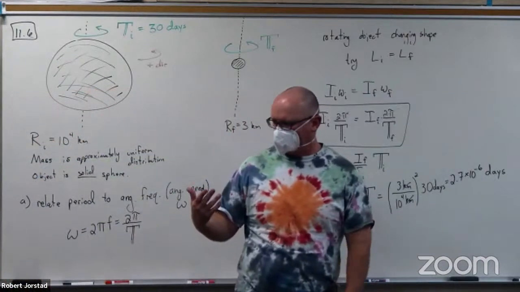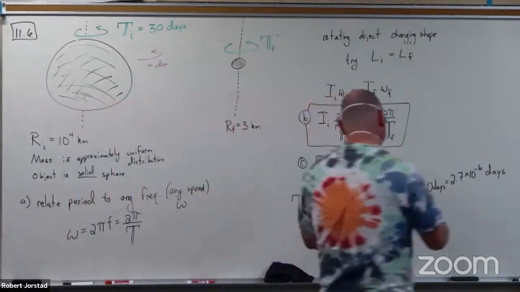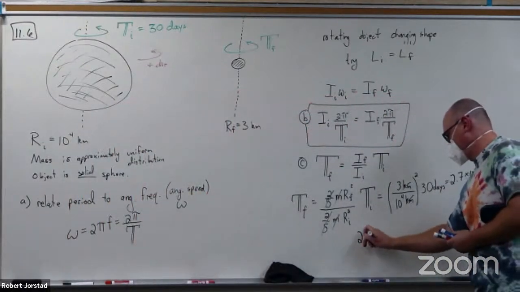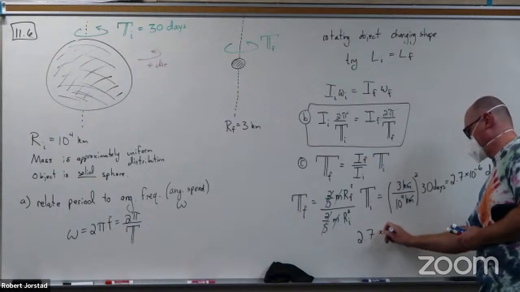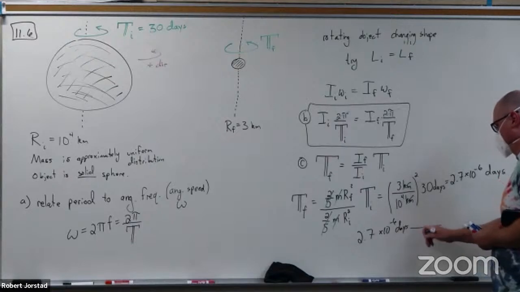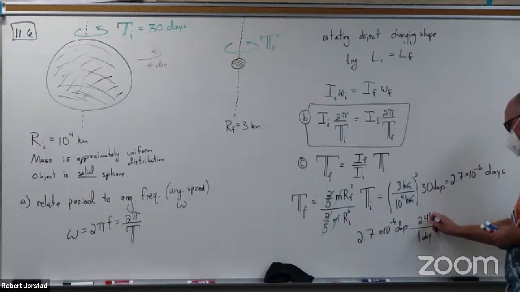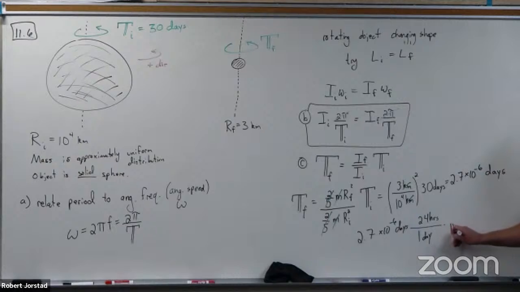Let's convert that to seconds. There's my calculator. Right. So keep in mind, you can multiply 2.7 microdays by one day, approximately 24 hours, 1 hour, 3,600 seconds. If you're wondering why I'm saying approximately, think about leap day, right?